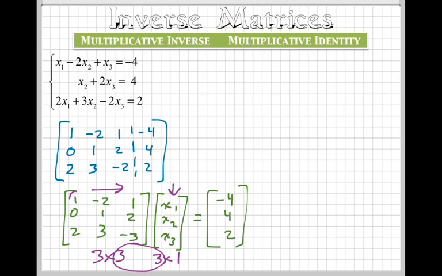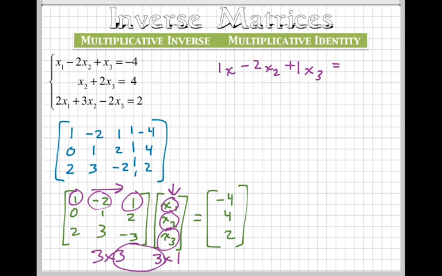And so it'd be 1 times x, which would be 1x, negative 2 times x sub 2 would be negative 2 x sub 2, and then 1 times x sub 3 would be plus 1 x sub 3, and that would equal negative 4.